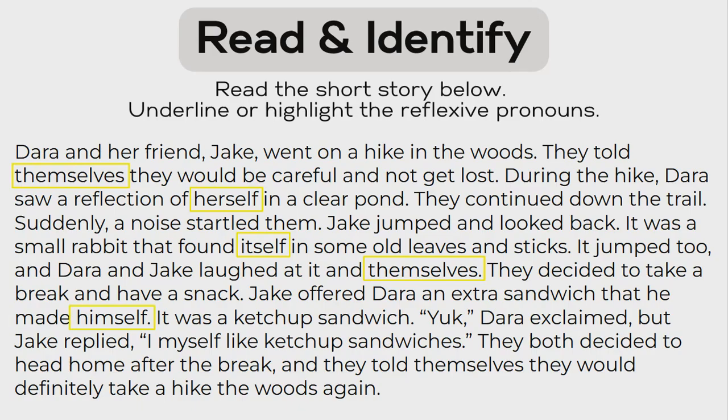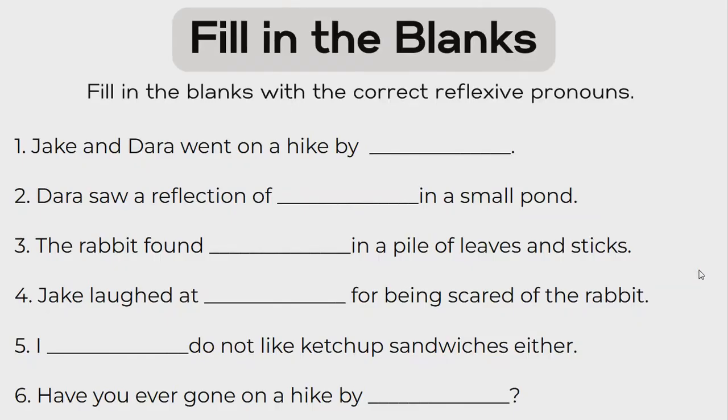It was a ketchup sandwich. "Yuck," Dara exclaimed, but Jake replied, "I myself like ketchup sandwiches." They both decided to head home after the break, and they told themselves they would definitely take a hike in the woods again. Did you get all 7 of them? I bet you did. Let's do one more practice.